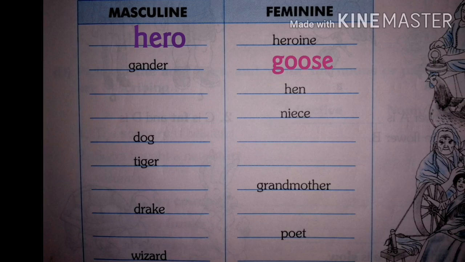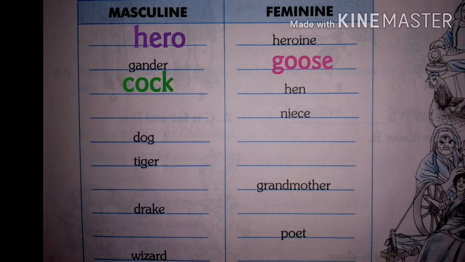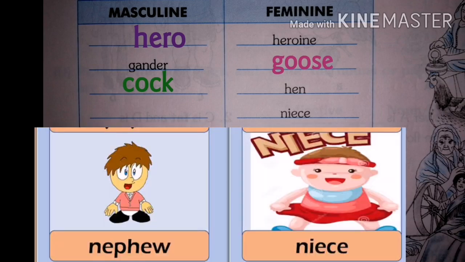Next, the feminine gender hen is given. What is the opposite gender of hen? Yes, it is cock. Cock is the masculine gender, hen is the feminine gender. See the next one. Feminine gender is given, niece. What is the opposite of niece?